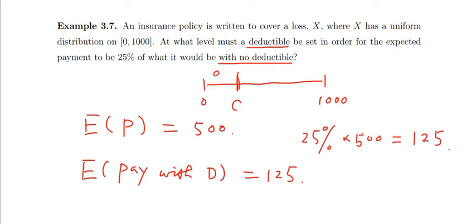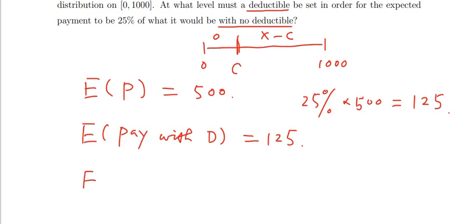And here it is x minus C, right? So this expectation is from C to 1000, the payment is x minus C. Then the density function of the uniform distribution is just 1 over 1000 dx.